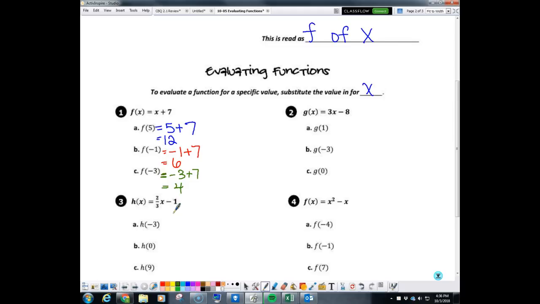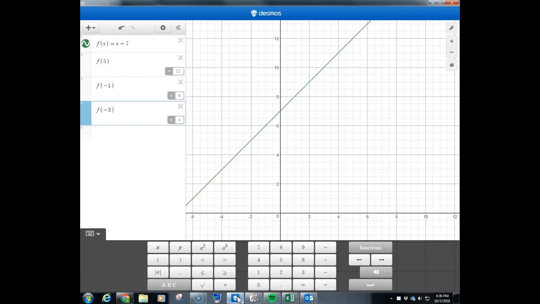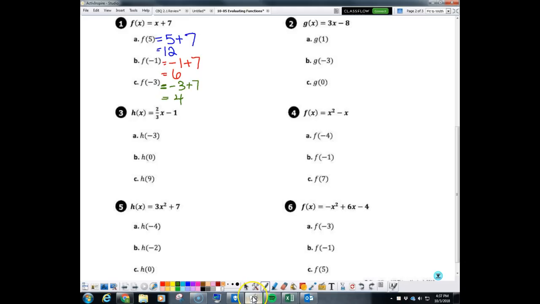Okay, so let's go down to number 6. I'm going to go ahead and do number 6 for you as well. This is a quadratic function. So the way you type those into Desmos, let me delete all of these. I have f of x equals negative x squared.